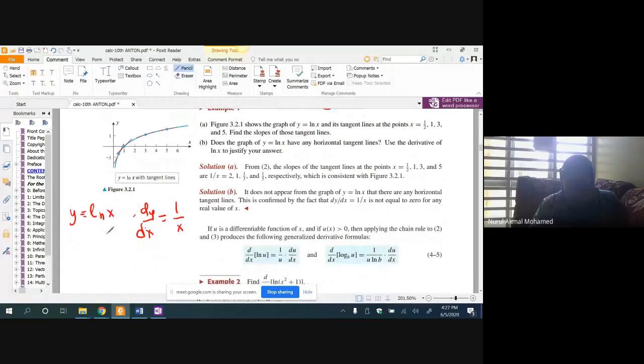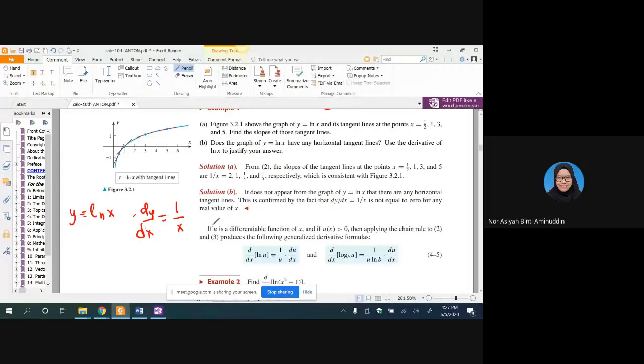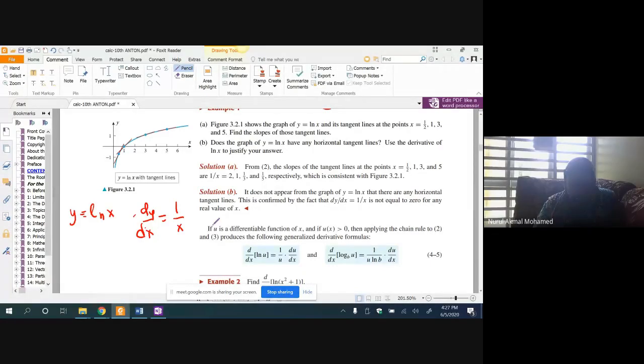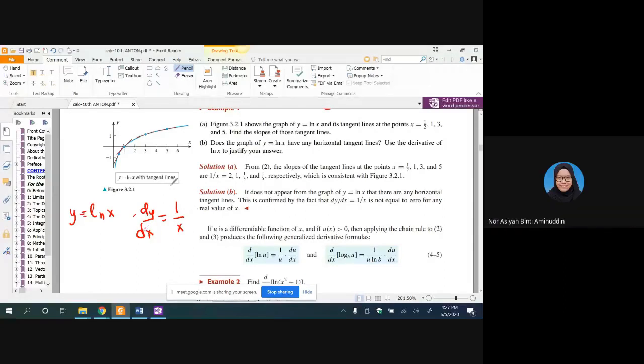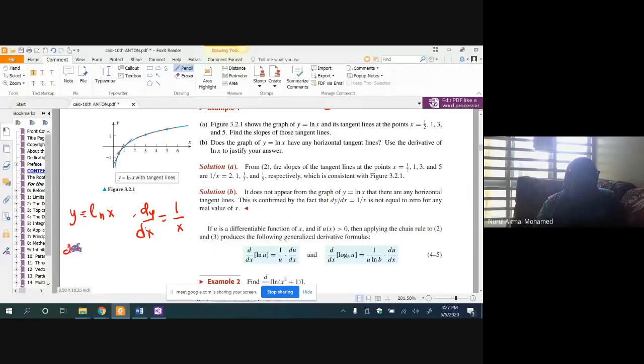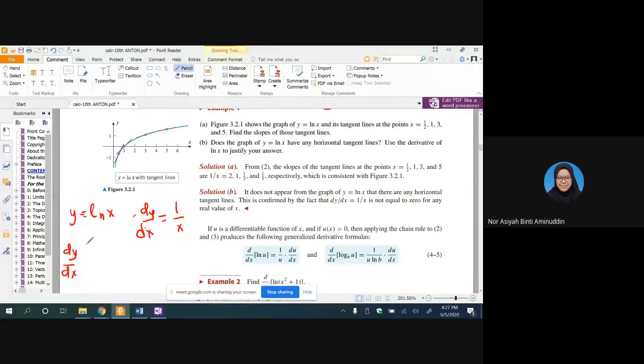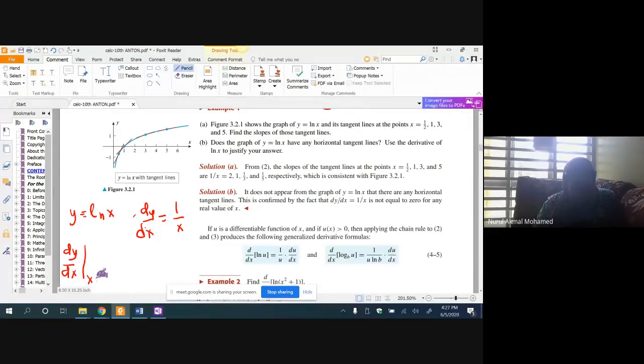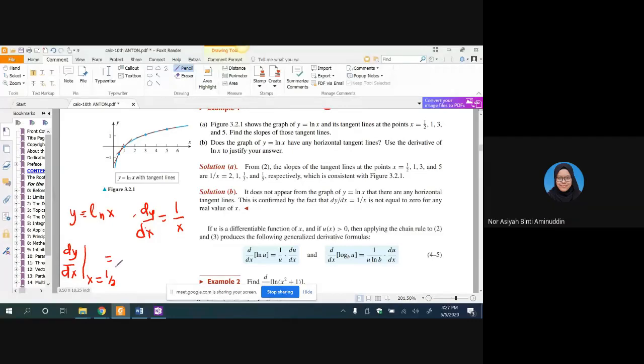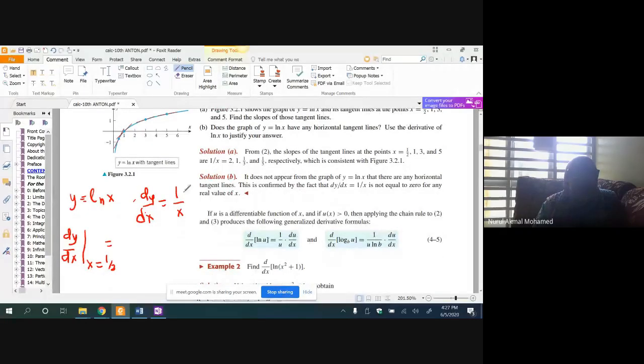The question asks us to find its tangent line at the point x equal to 1/2. The slope of the tangent line is given by dy/dx equal to 1 over x. So dy/dx at x equal to 1/2 is given by what? 1 divided by 1/2. It is equal to 2.